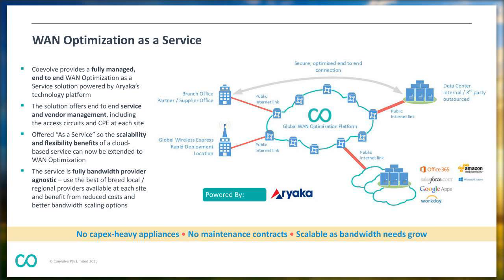We're using core technology here from a co-evolved partner, Ariaka, and through that technology partnership we have a global network of optimized POPs that are specifically deployed in markets to take advantage of high densities of business and enterprise users. I'll show you a map in a moment of the location of these optimized POPs.